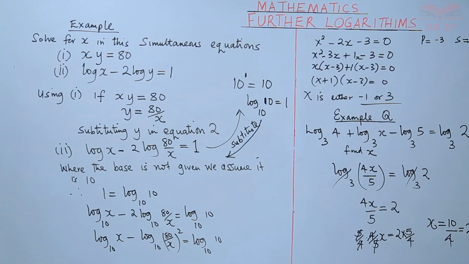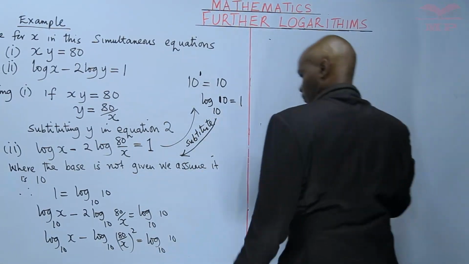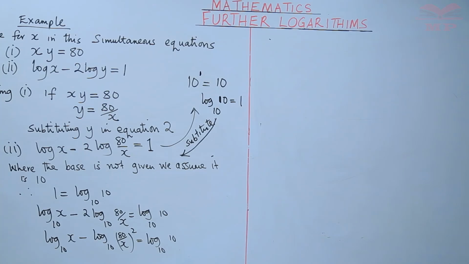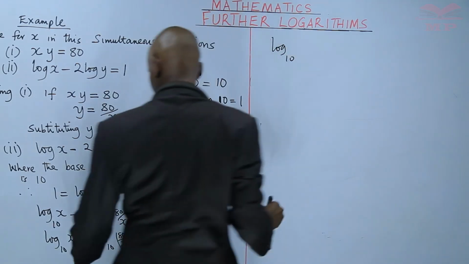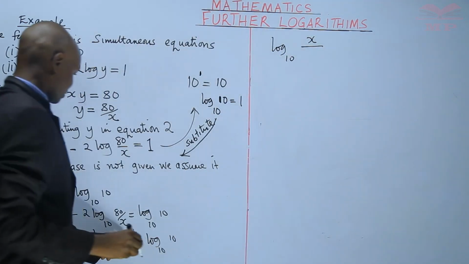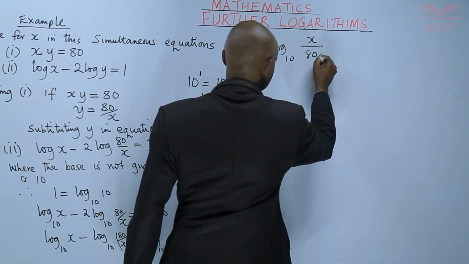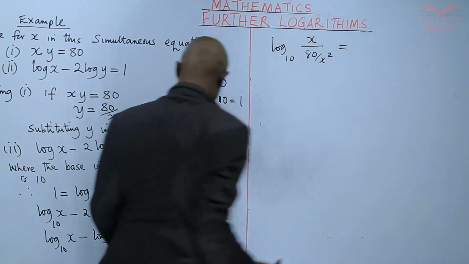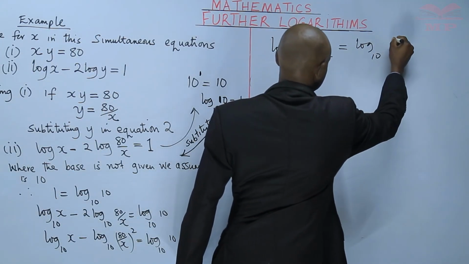So we'll continue with our equation. Using the laws of indices, you'll have log to the base 10 of x over 80 over x squared is equal to log to the base 10 of 10.